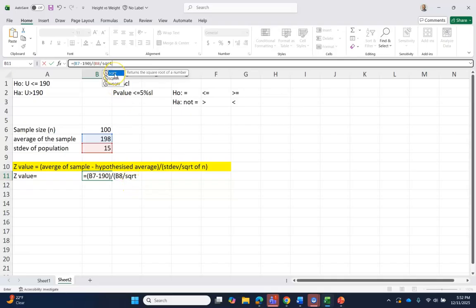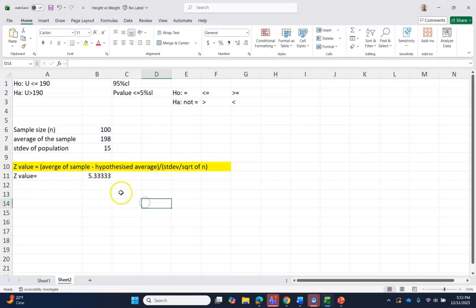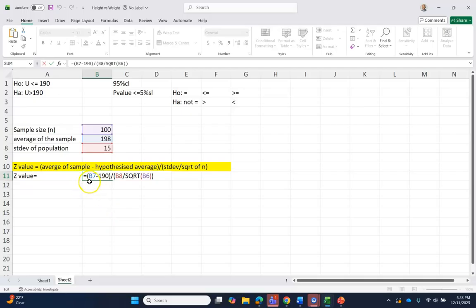So I'll select the square root, SQRT, or the square root of the sample size, which is 100. For you should be 10. And then I will close the bracket, and again another bracket. So you can see the way I put my brackets.